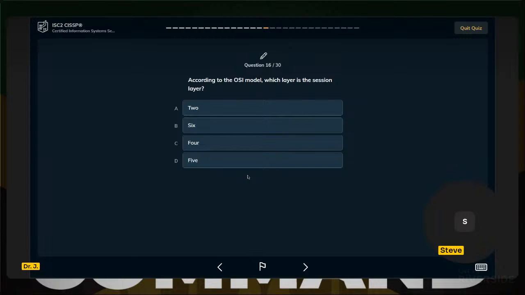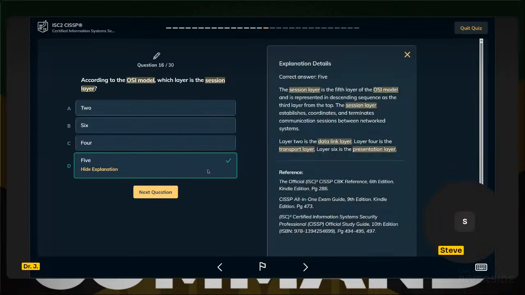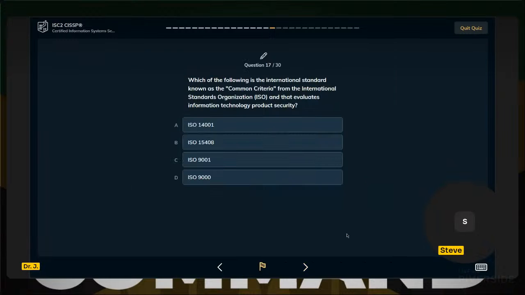Yeah, the session layer is the fifth layer. The one I remember is 'Please don't throw Sausage pizza away.' I can't believe that stuck in my head, but that's what worked.